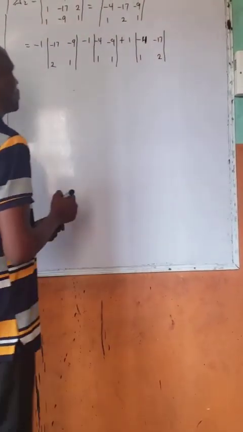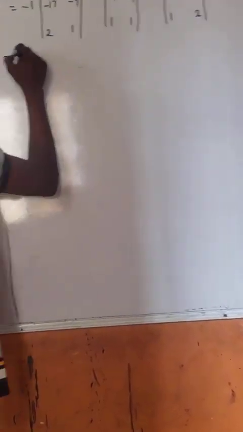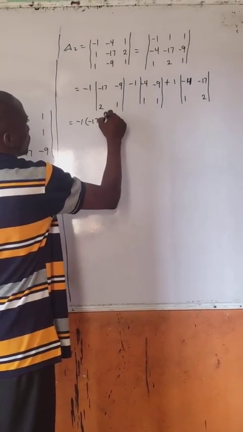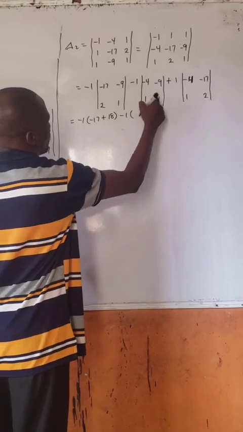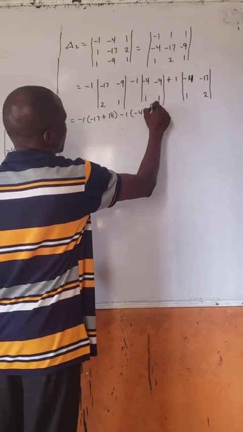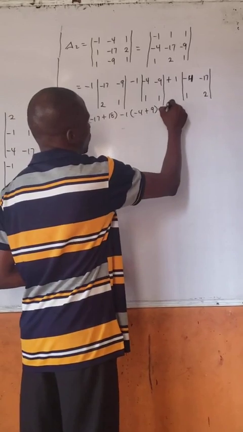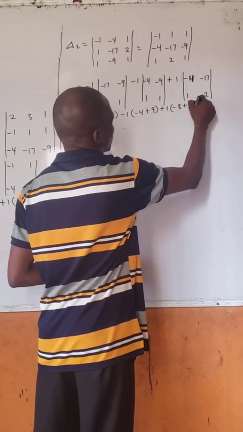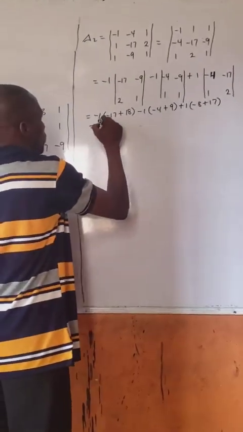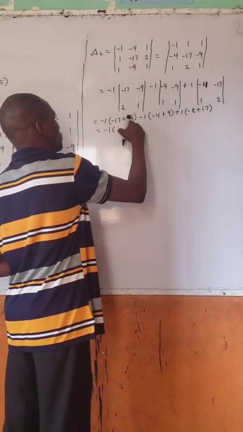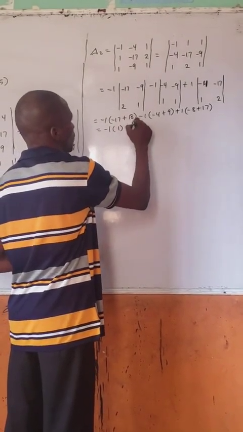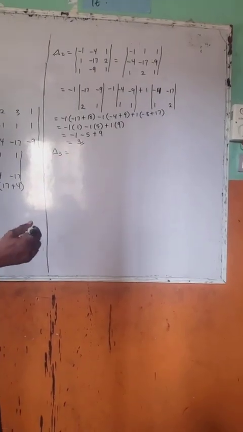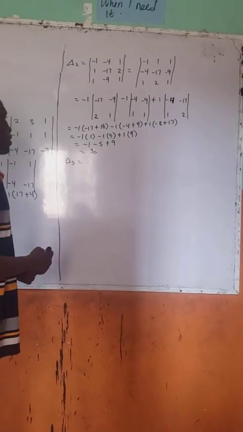So let's look for the determinant of this. This gives us minus 1 into minus 17 plus 18, minus 1 bracket minus 4 plus 9, plus 1 bracket minus 8 plus 17. How do we get that? Minus 17 plus 18 is 1, minus 1. That gives us our delta 2.